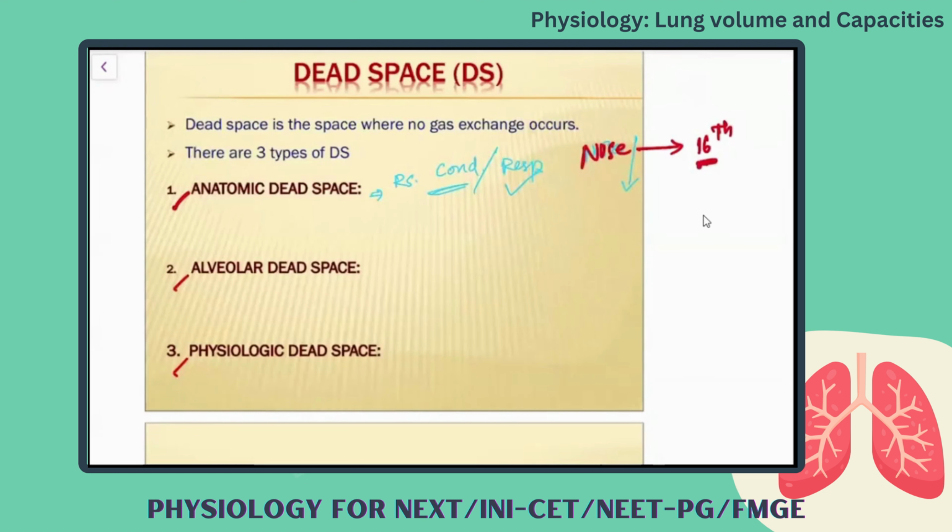So that is called anatomical dead space, anatomically because there is no presence of alveoli. Only in the regions where you have alveoli is gas exchange taking place.